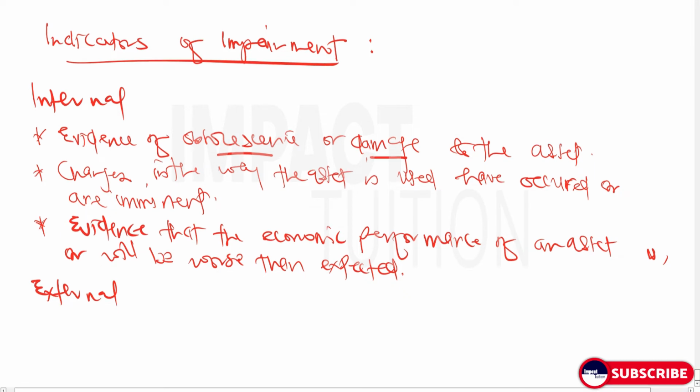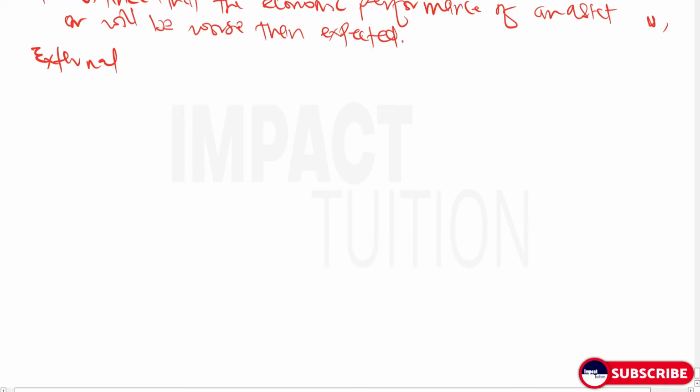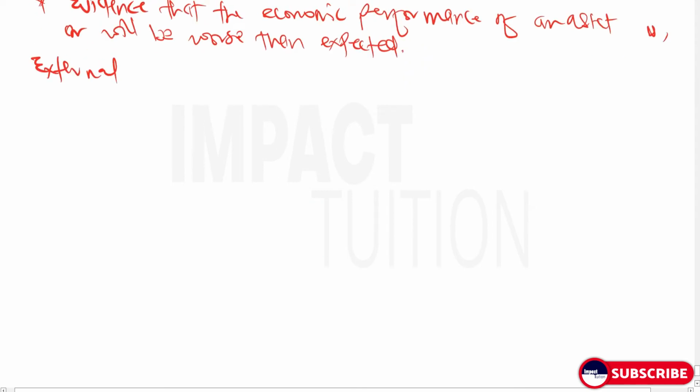Let's move on to the external indicators of impairment. External indicators of impairment. The asset's market value has declined more than expected.